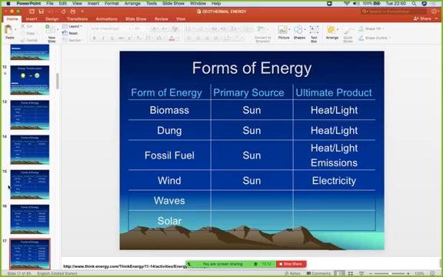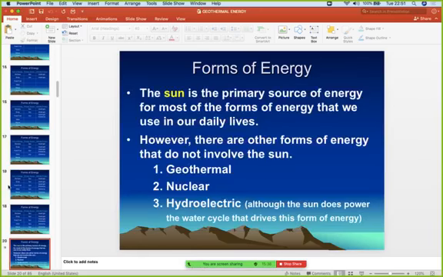Because by turning the turbine, directly rotating the blade by the wind, it creates electricity. Then also the waves create electricity, and solar can create heat. That's why it can boil and produce steam as well as electricity. Okay, these are the forms of energy.